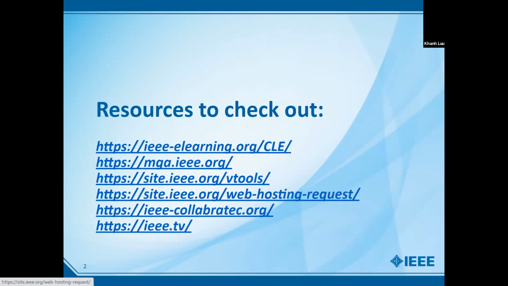That's the Center Learning resource. That's where you can learn how to become a volunteer and all the tools available to you. mga.IEEE.org, more resources for volunteers. Site.IEEE.org/vTools. That's to learn all about vTools, including the tutorials for vTools. And on the sidebar, there are quick links to various tools like requesting WebEx.